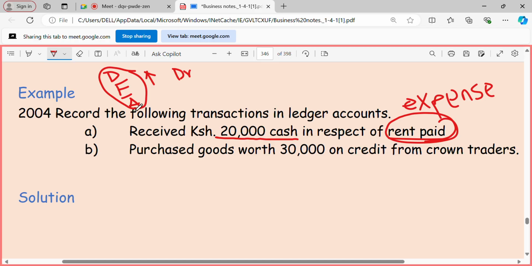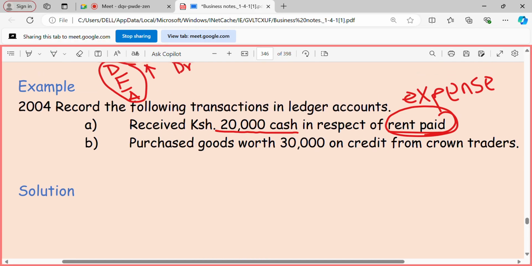Then received. When you are paying rent, pesa zako zinapungua. And cash is an asset. Cash is an asset, machinery is an asset, furniture are assets. So when you are paying rent, pesa zako za cash zinapungua, na inafanya the assets decrease.